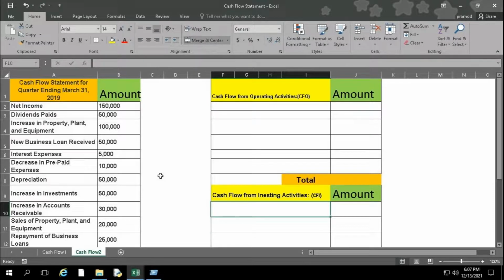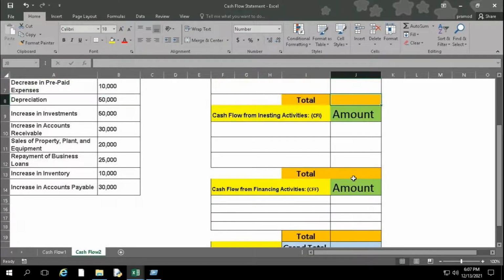So even payables, accounts payable, we also have to take in operating expenses, sir. Correct. Sales of property and plant. Now we have to add an extra column, like insert, sir.